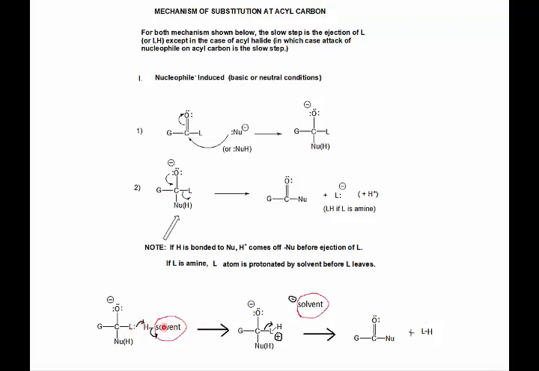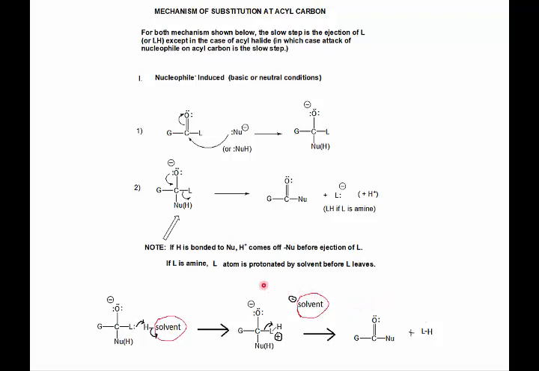It protonates the nitrogen group. And now it's a much better leaving group, and it can actually leave. The lone pair swings in like that. The shared pair breaks away from the carbon onto the L, producing LH as the byproduct.